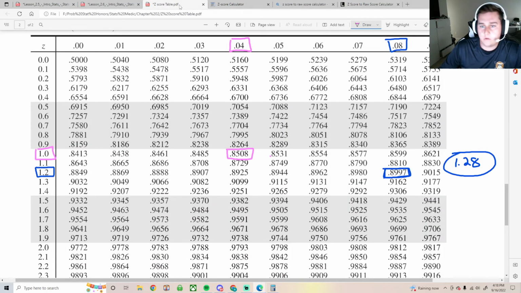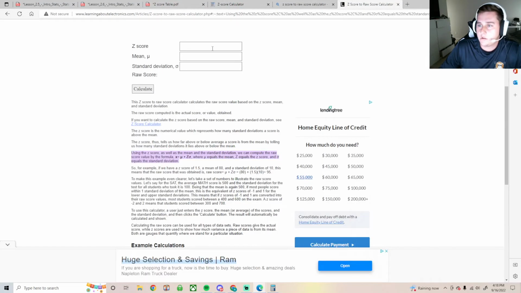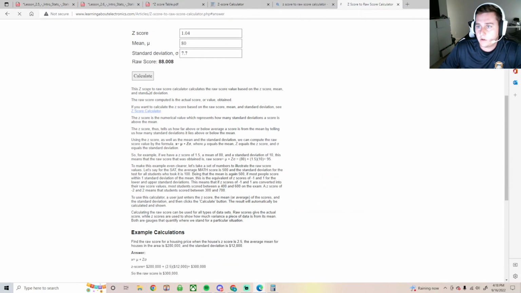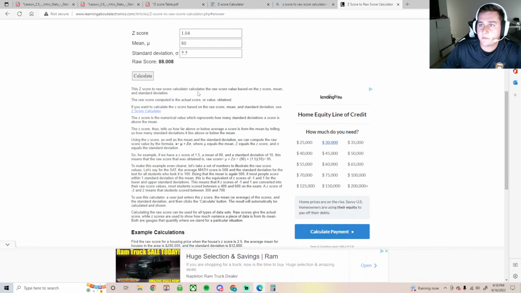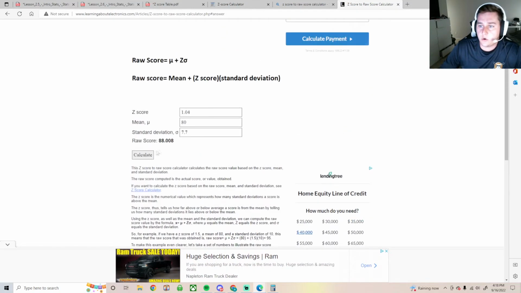We looked it up, 1.04. Our mean was 80 miles an hour. Our standard deviation was 7.7 miles an hour. And here's our raw score. So if you tell it the z-score, it'll spit out your raw score. So websites like this exist all over the place, and it makes doing the math really simple.